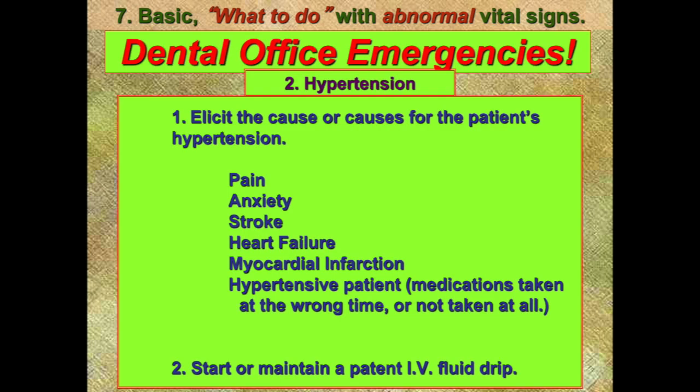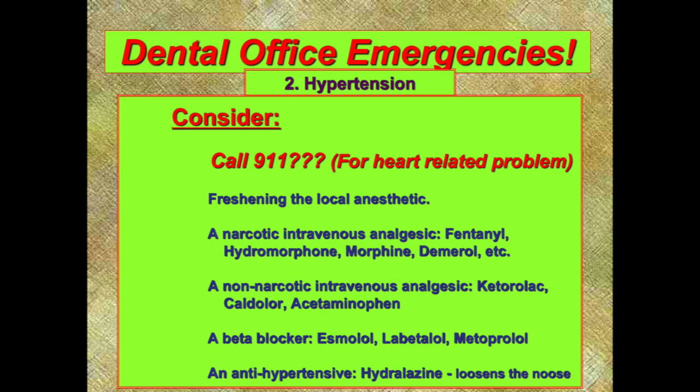For these patients, as we said, we treat them differently. We have different meds that you learn to use for each of the emergencies in hypertension. Would we consider calling 911? It depends on the hypertensive cause. Do we need to freshen local anesthetic?